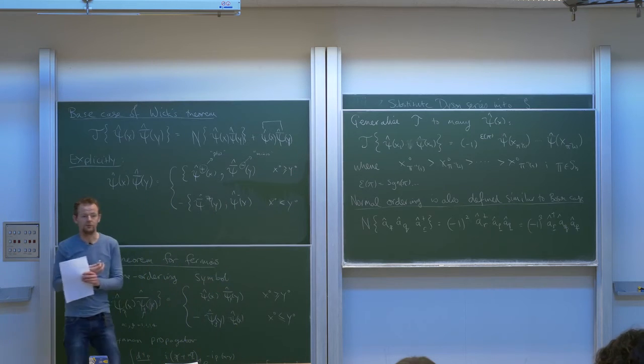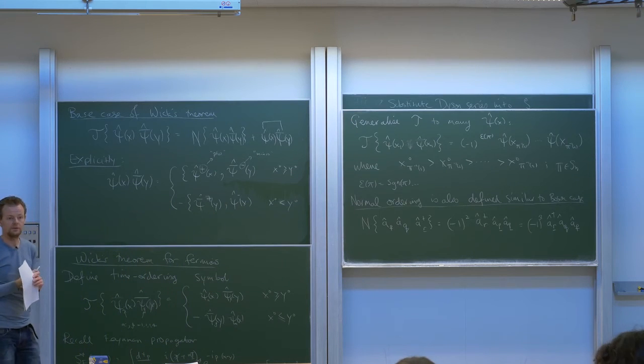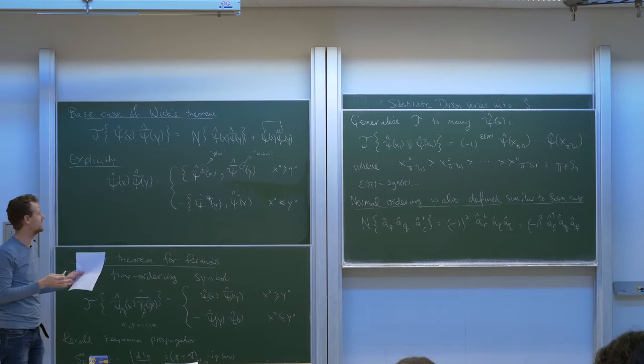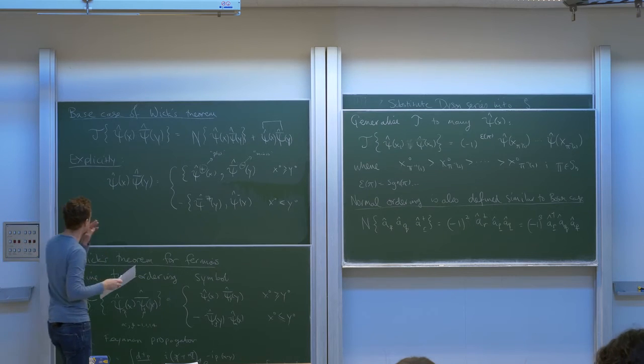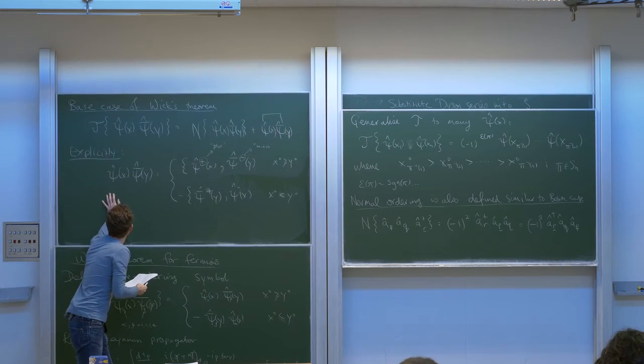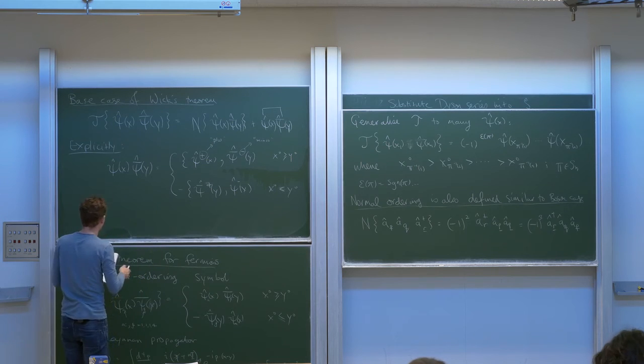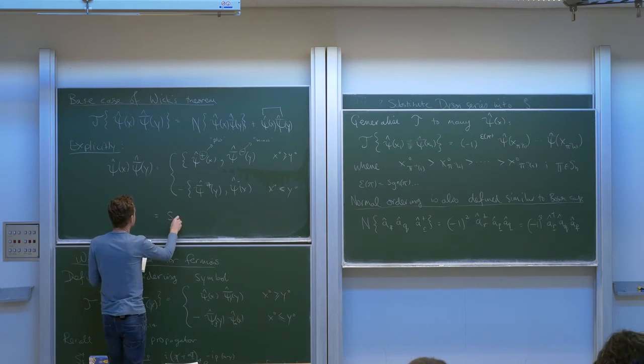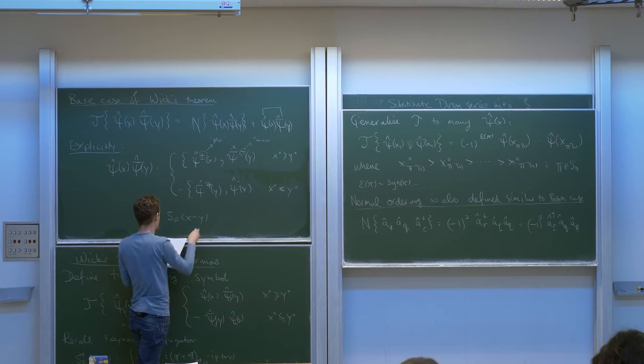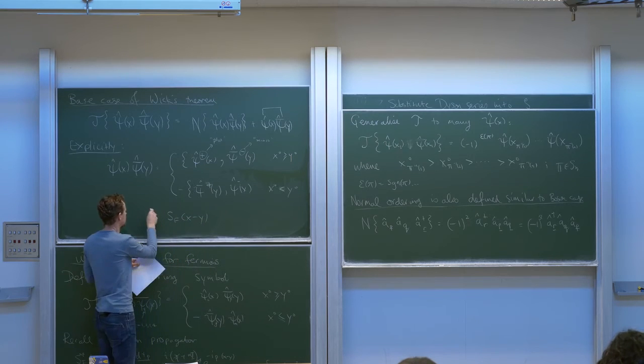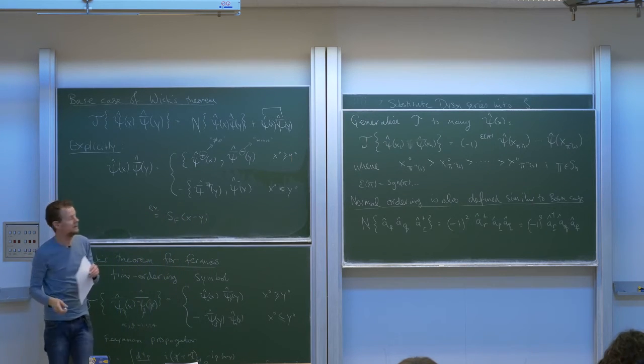It just means the positive frequency and negative frequency part of the field operator, the annihilation operator's bit and the creation operator's bit. And a little exercise later will prove to you that that's indeed equal to that.